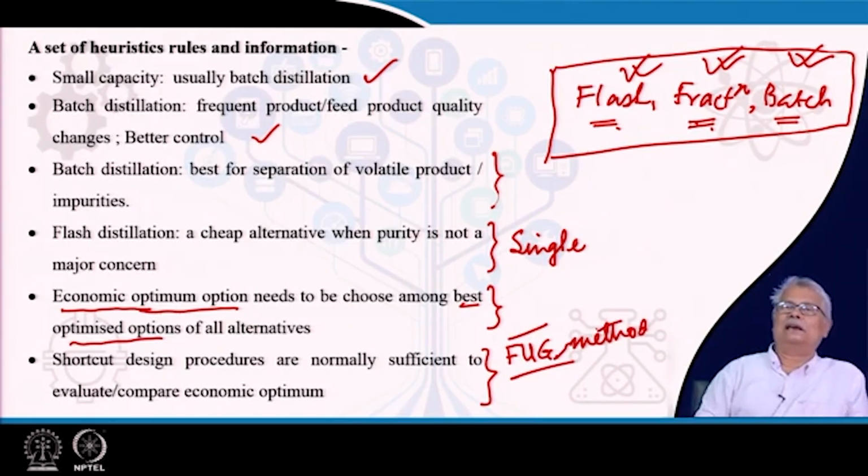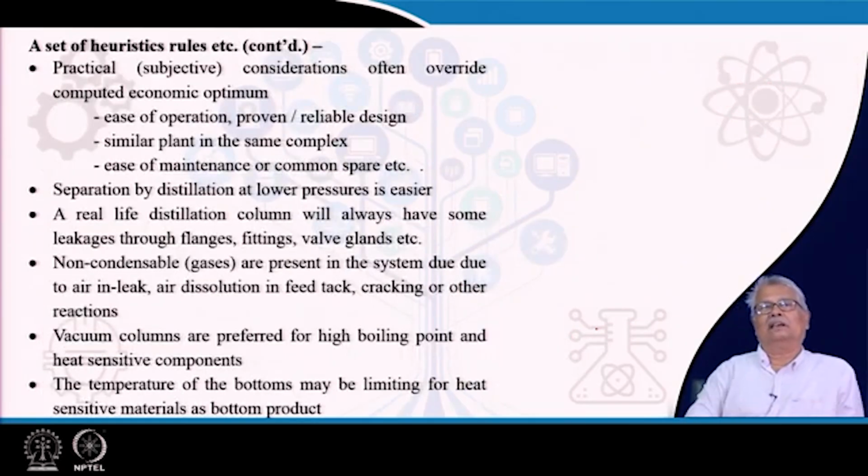It is not only that you can have a separation of a multi-component distillation calculated by this method, it can also be applied roughly to binary systems. So, this particular method of design is quite sufficient to evaluate or compare the economic optimums. So, with this we move forward in the list of heuristic rules and other things.